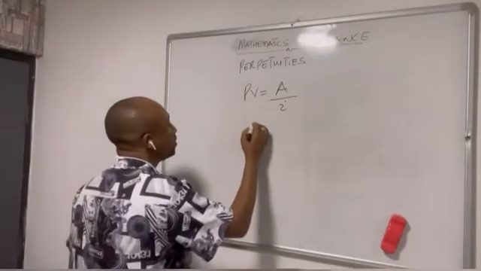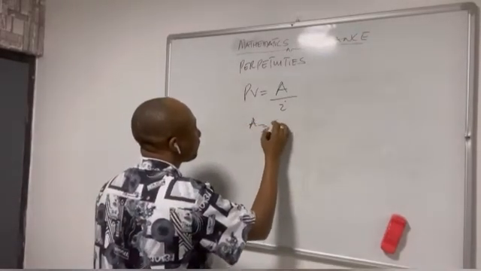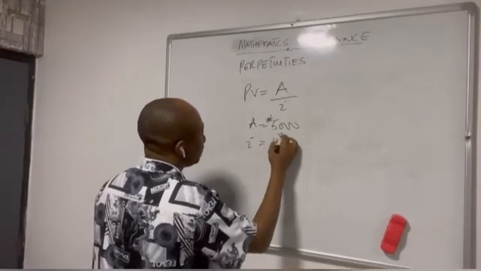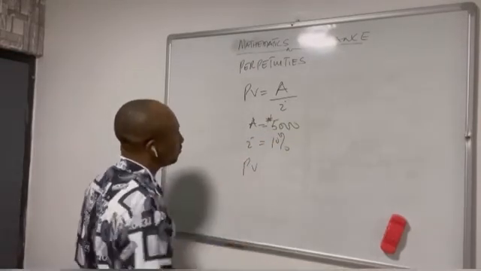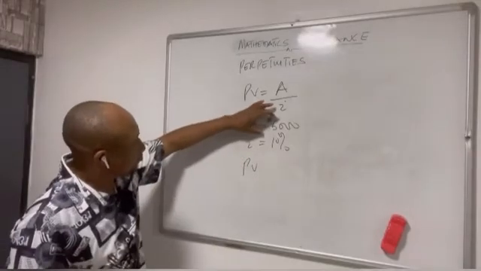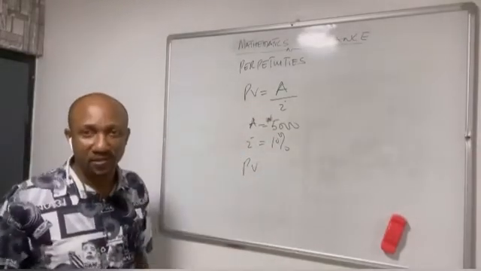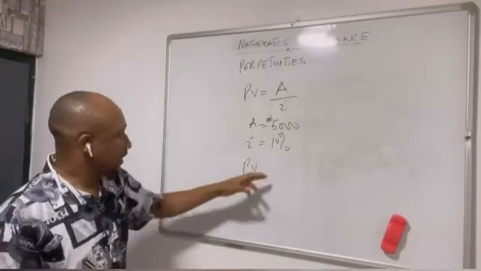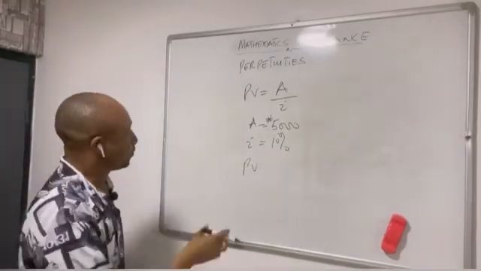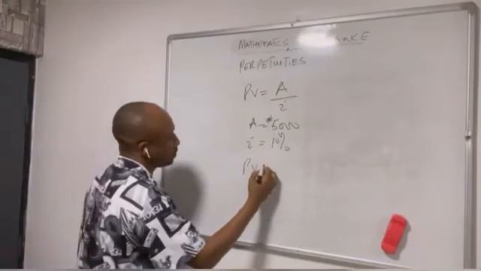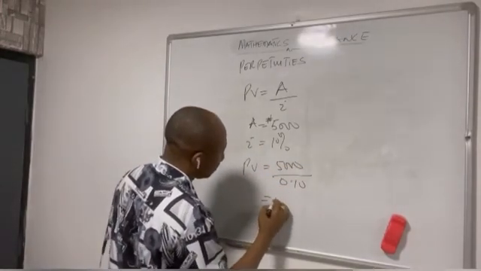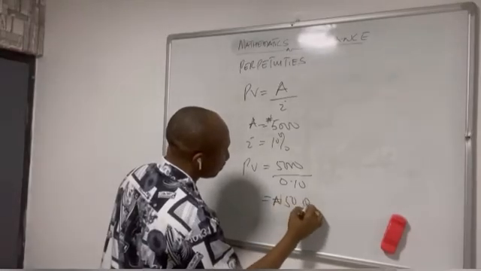Supposing you have an amount of 5,000 and an interest rate of 10%, you will continue to receive 5,000 without end at interest of 10%. The present value of this perpetuity then becomes 5,000 divided by 0.10, that's 50,000.